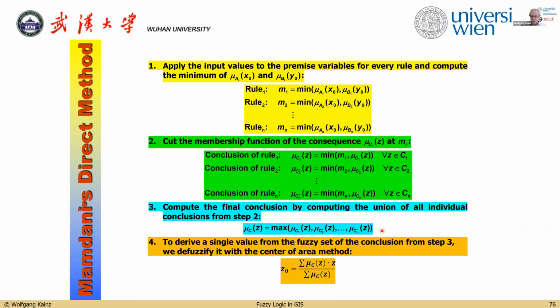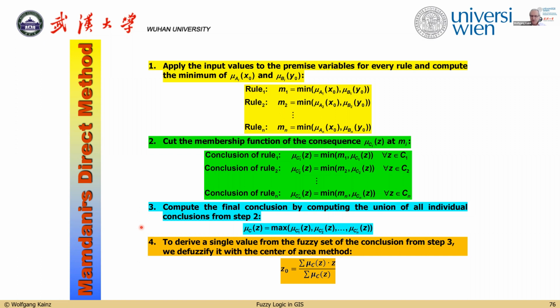If you remember when we were discussing union and intersection of fuzzy sets, I explained to you that there are several operators for union and intersection. For example, for the intersection, we can use the minimum operator. And for the union, we can use the maximum operator. So in this case here, we use the maximum operator to compute the union of all our truncated conclusion sets, which gives us a fuzzy set in the end.